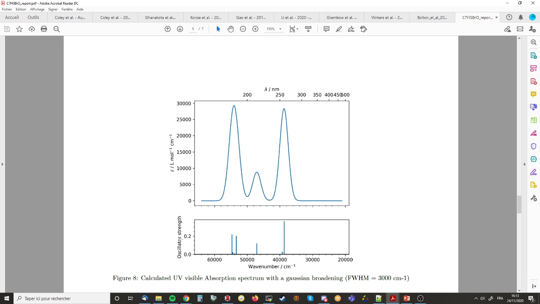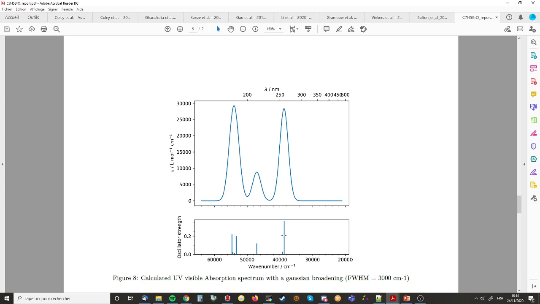That means that you can get this curve, open it with Excel, or better another grapher like Origin, Sigmaplot, Matplotlib, and you can transfer this information here, the oscillator strengths. You can get the equivalent with a Gaussian broadening.